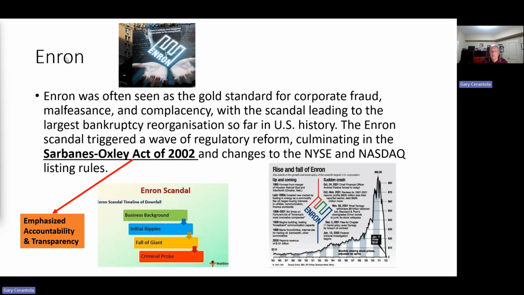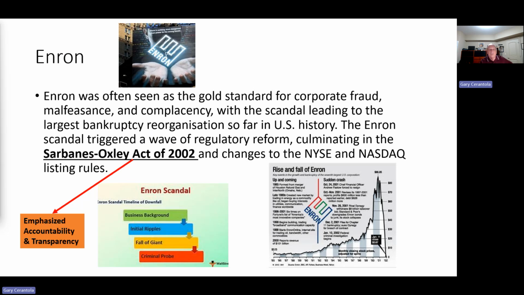If you take a look at Enron, this is way back in 2002, they made some very bad decisions in terms of accountability and transparency, and they did some illegal things. They built a house of cards, and that darling of the stock market back in the 2000s crumbled because of not really looking at accountability and transparency.